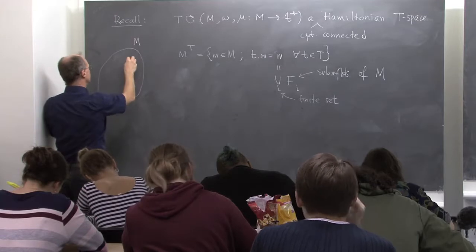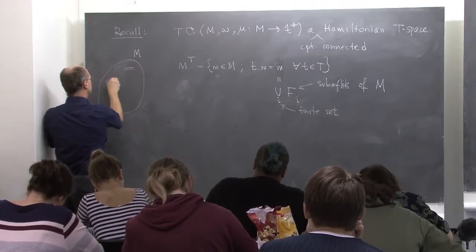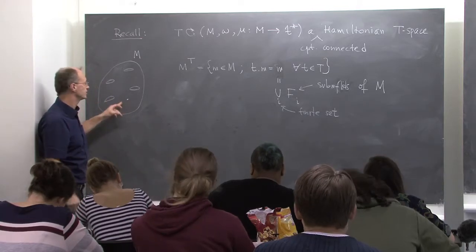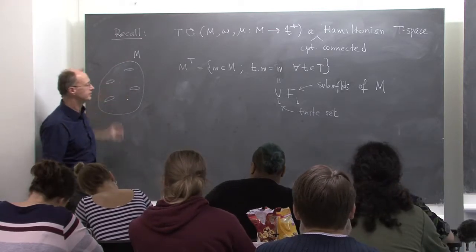So here is M, and here are sitting those Fi. They might be just isolated points, or they might be submanifolds.